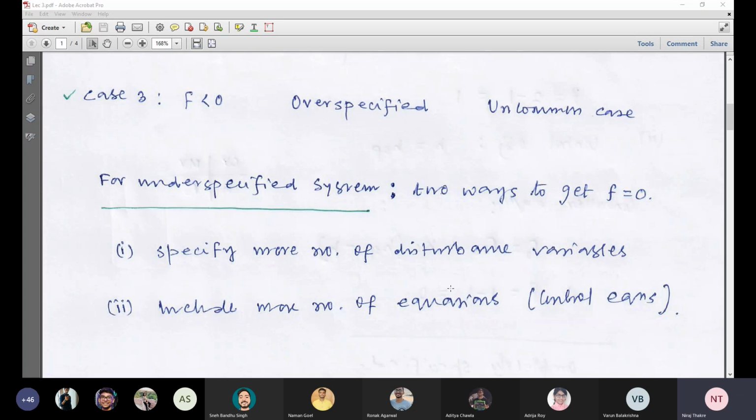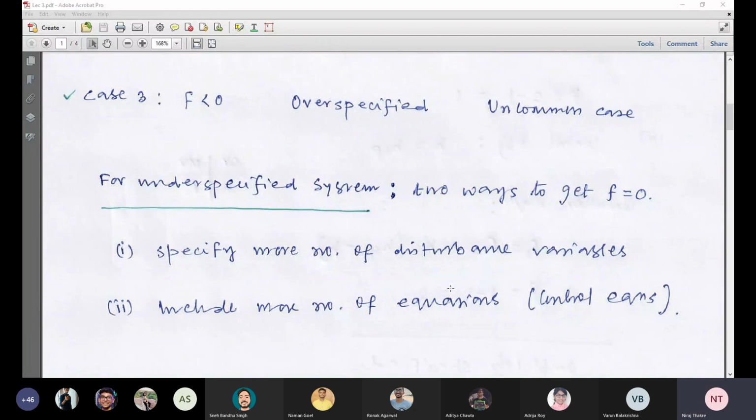Basically, these are control equations. More number of equations means mainly these are control equations.